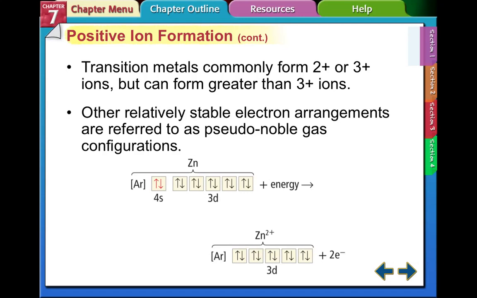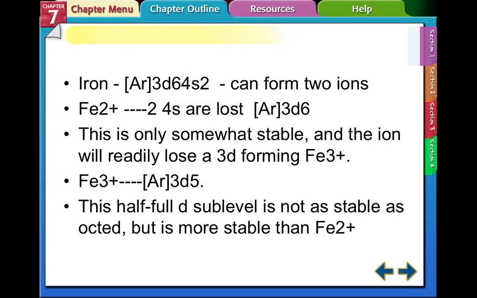Other relatively stable electron arrangements are referred to as pseudo-noble gas configurations. This can be kind of confusing, but I am going to give you a sheet of paper that is going to show you which particular ions we in this class will be working with. One of those will be iron.